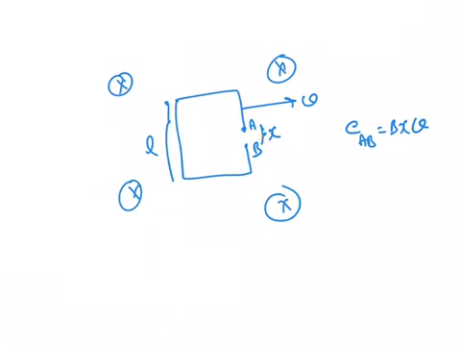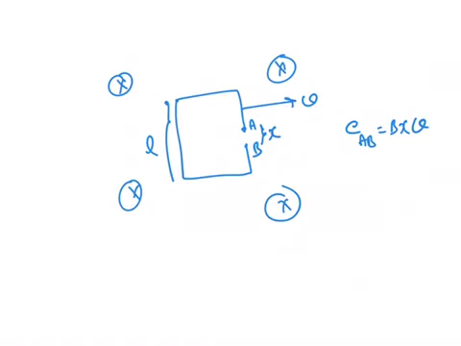See, if you consider this part also closed, according to Lenz's law, which we already studied, the EMF induced across them will be equal to 0. That means whatever EMF you are getting is only because of this. Even if this part is cancelled out, because this part is parallel to the length, no EMF, this part is parallel to the length, no EMF. So the only EMF is equal to BXV.